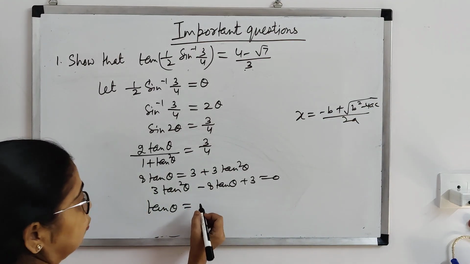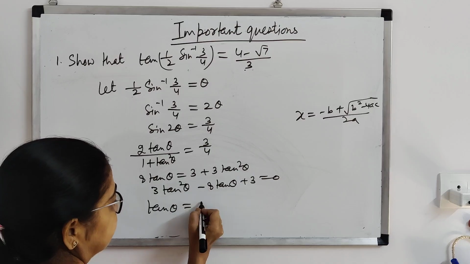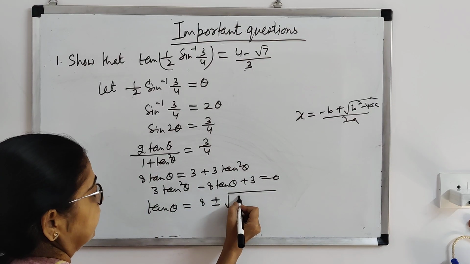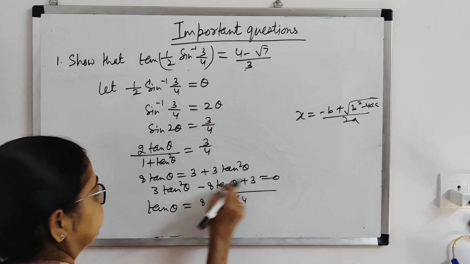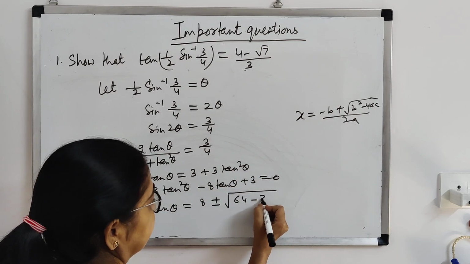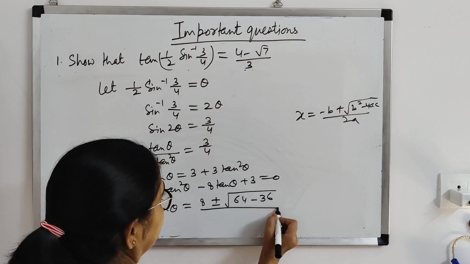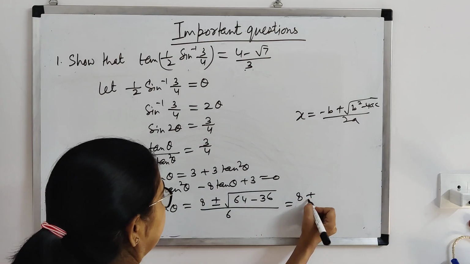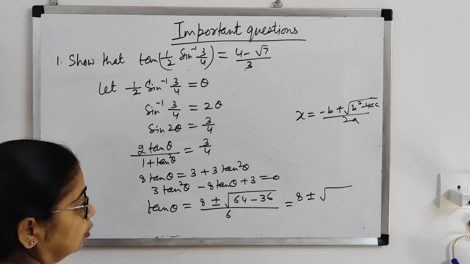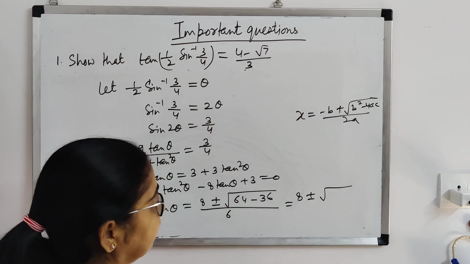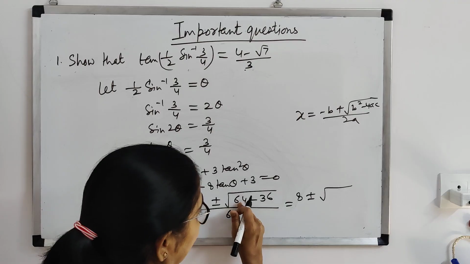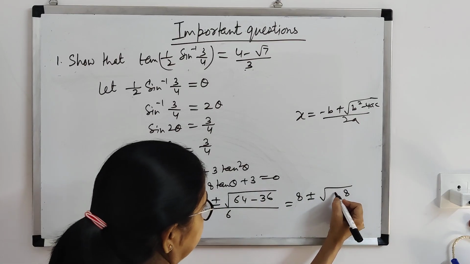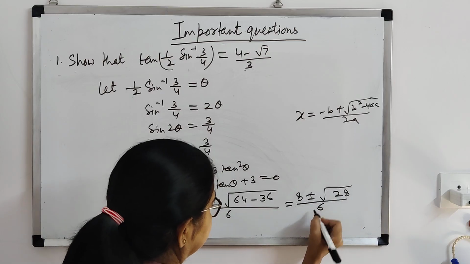So tan theta is equal to minus b, means this is 8 plus minus square root of b square, which is 64, minus 4ac, 3 3s are 9, 9 4s are 36, upon 2a. 2 3s are 6. So this is 8 plus minus square root of 64 minus 36, which is 28.